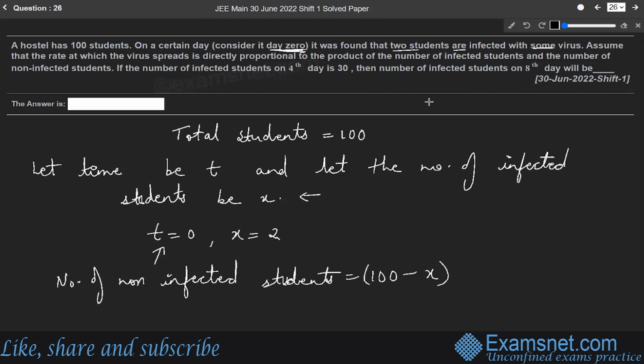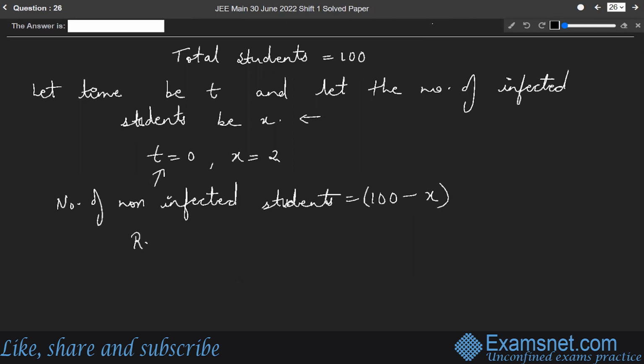I hope this concept is clear to you. See, the total number of students are 100. If out of 100, X students are infected, then the remaining will be non-infected. And what are remaining? Remaining students are 100 minus X. So we have number of non-infected students. Now let us talk about rate of this infection. Okay, it is given that the rate at which the virus spreads, it means that the rate is rate of infection. So how we can describe rate of infection?